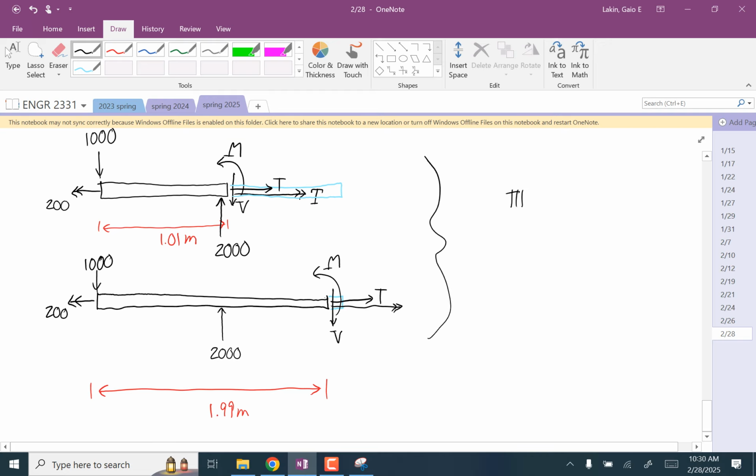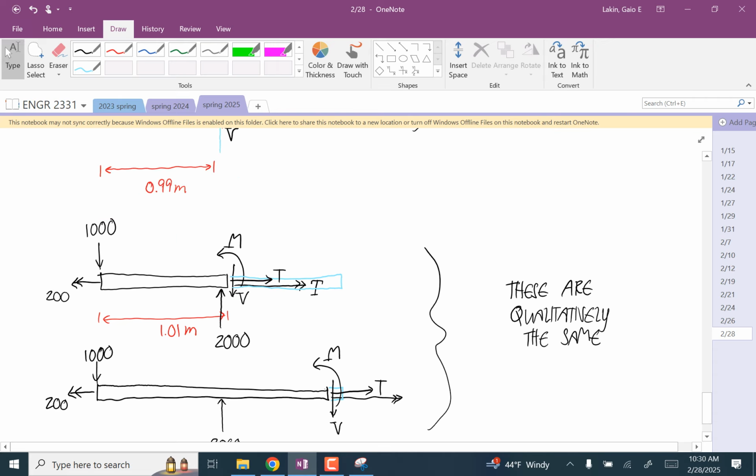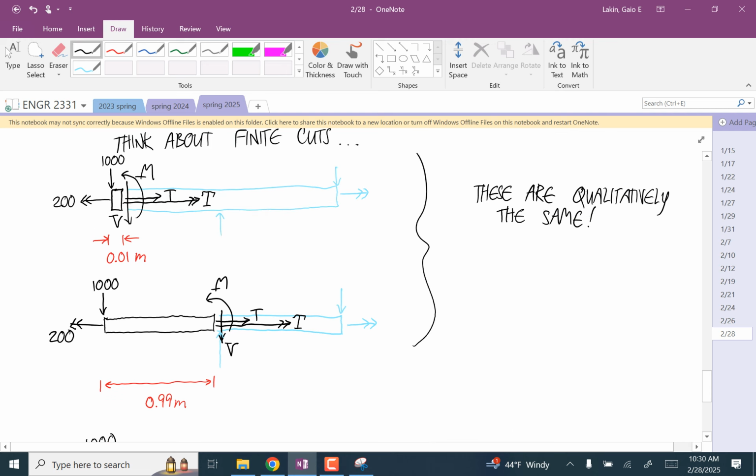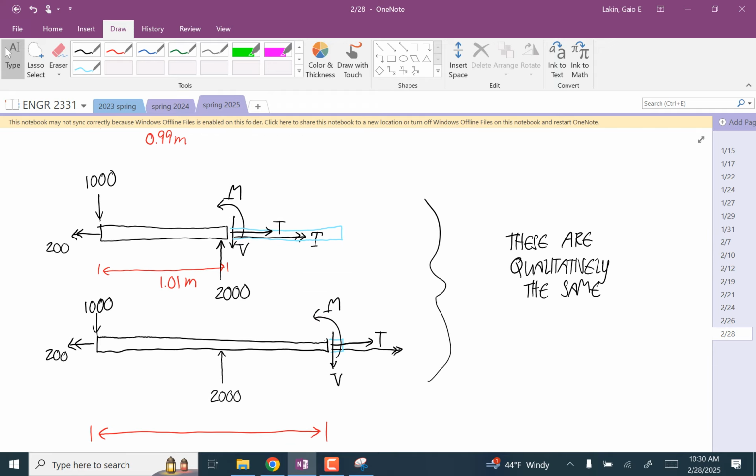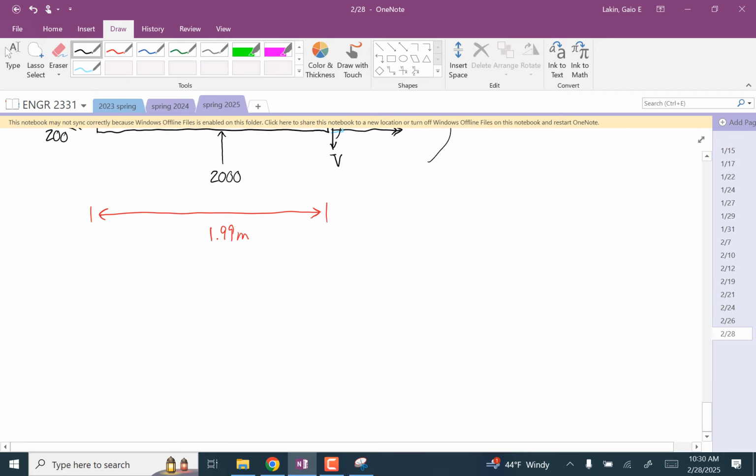And these are qualitatively the same. So we could do these 100 different calculations, or we could just recognize we're going to do one cut that represents everything between these two, and another cut that represents everything between these two. That's the idea of using X in these calculations. All right, so now I'm going to go in and do these cuts.